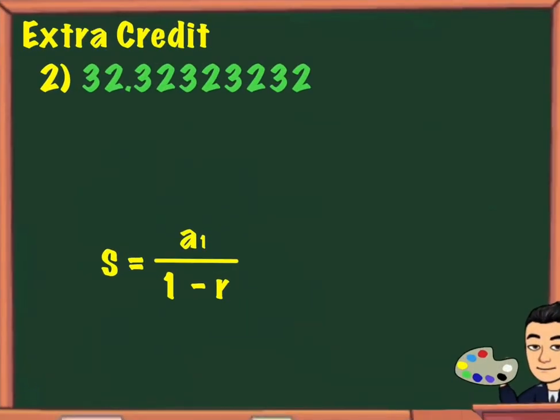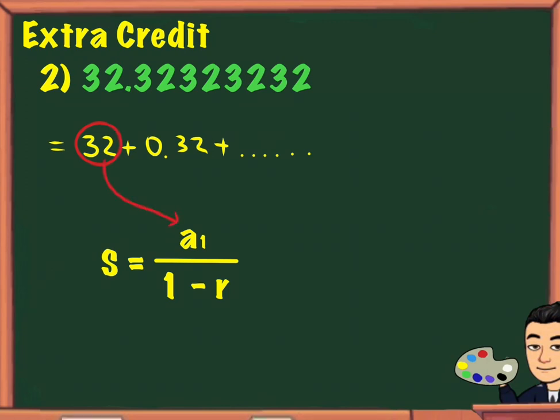All right, so this is the extra credit. First, rewrite this as 32 plus 0.32. You don't have to keep writing it; you can just write the first two terms, because you can find out what you need. This is going to be your a sub 1.